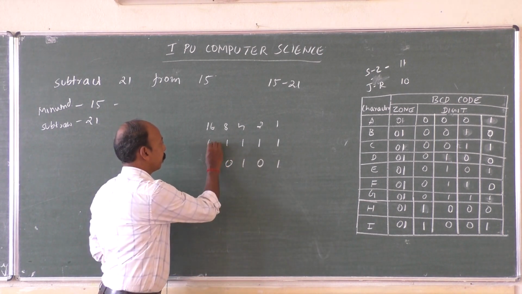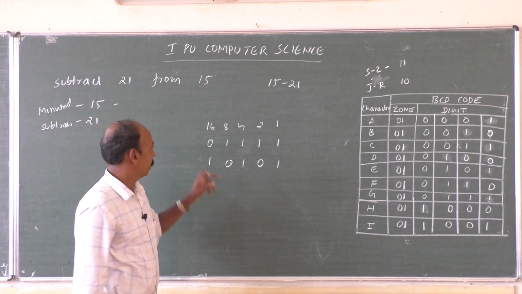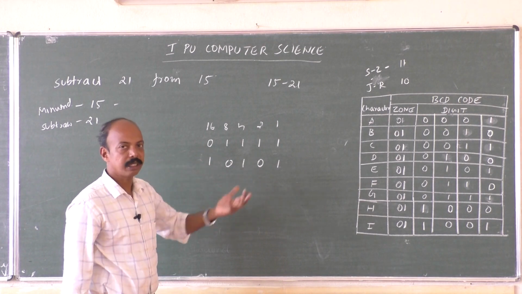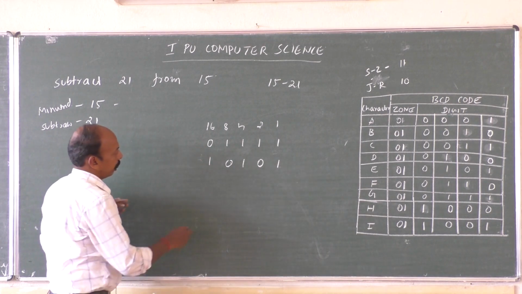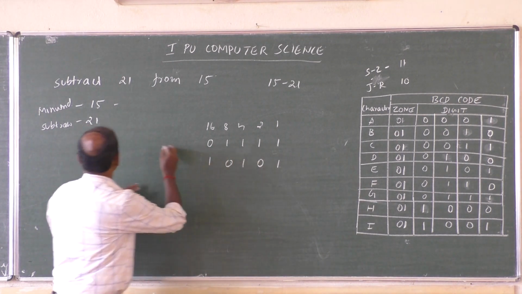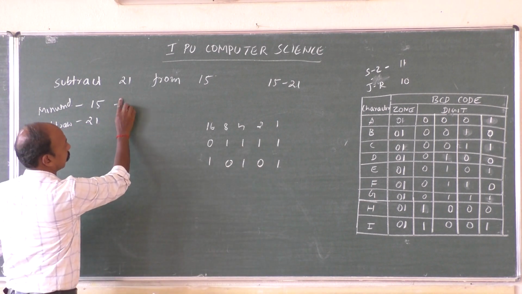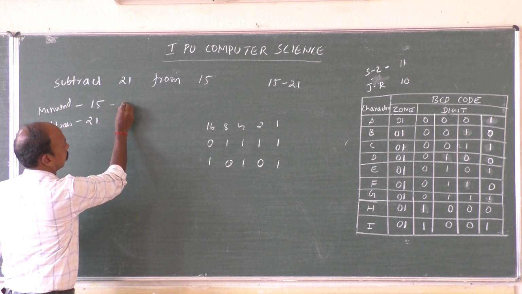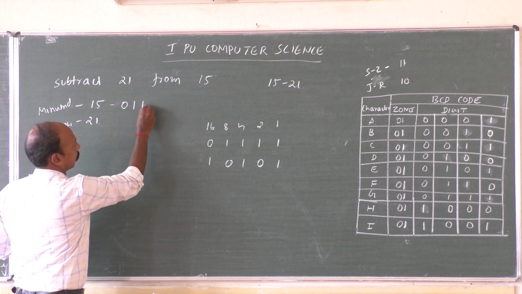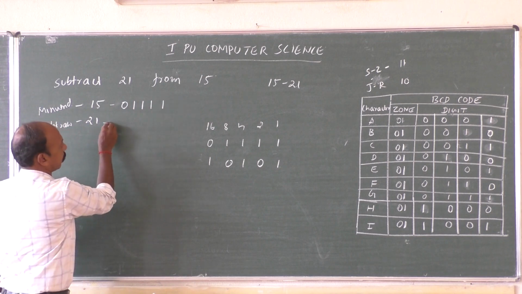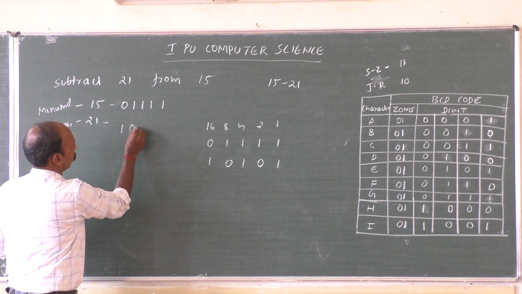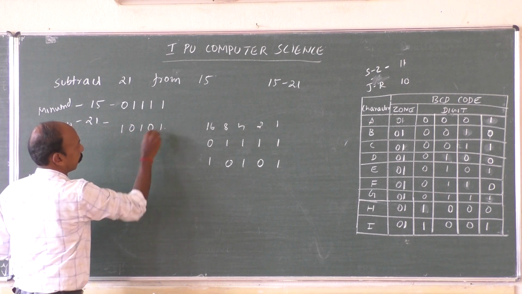So let us make it equal. Important thing: otherwise, if you don't write 0, we will go wrong somewhere. Now, let us write that. This is 0. 15 is 0, 1, 1, 1, 1. 21 is 1, 0, 1, 0, 1.